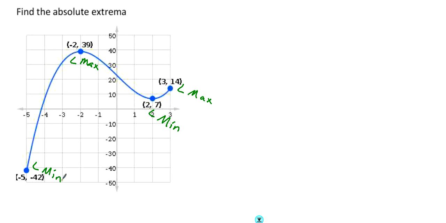But we're looking for the absolute, and between these two maximums, which one's bigger? At -2. So this is our absolute maximum. And out of our two minimums, which one is the smallest? So this is our absolute minimum. Graphically, it's really easy to see where our biggest value and our smallest value are.